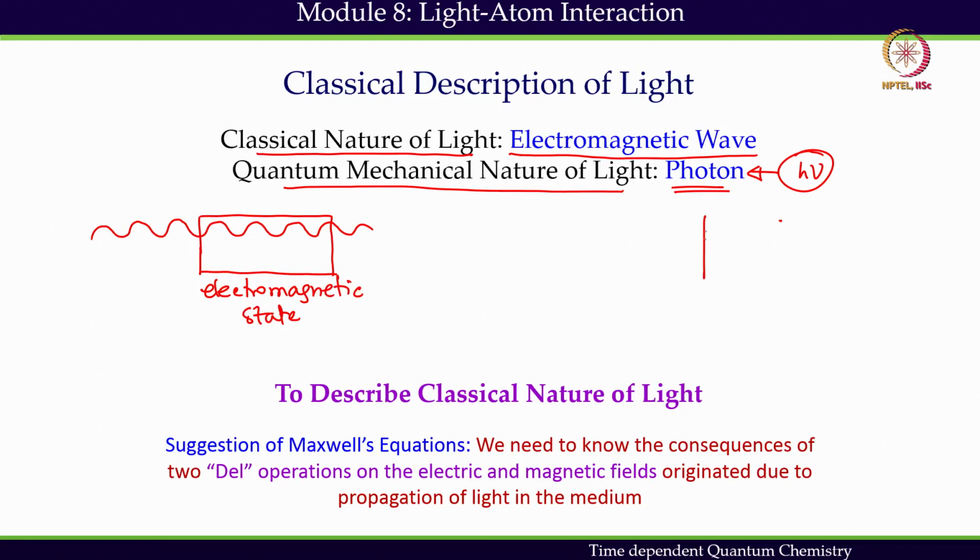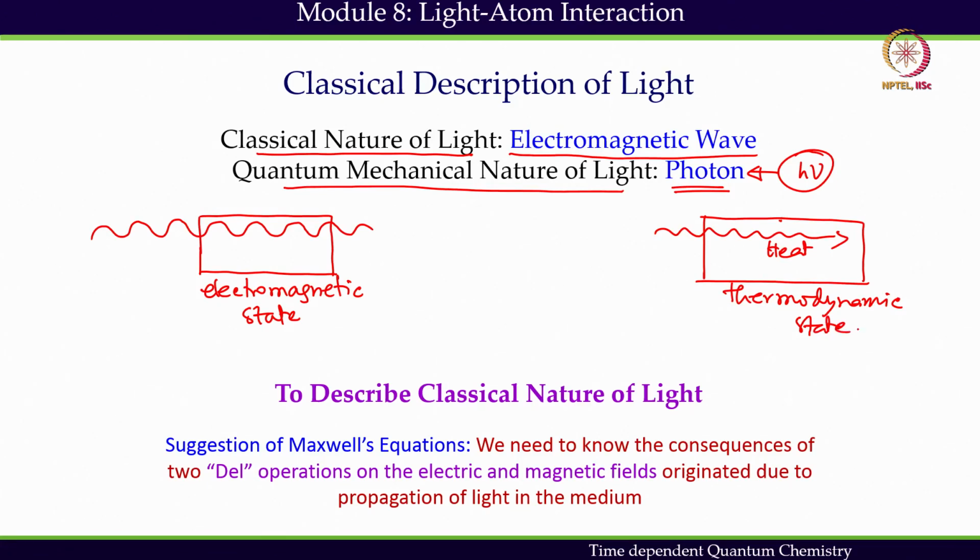It is just like when heat energy is propagating through the medium, its thermodynamic state changes, and the thermodynamic state of the medium is defined by its temperature, pressure, volume, physical quantities that we know, and it follows the laws of thermodynamics.